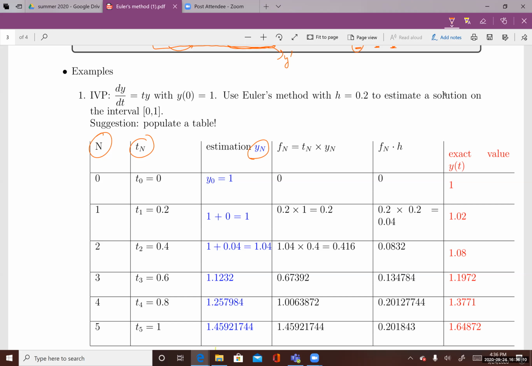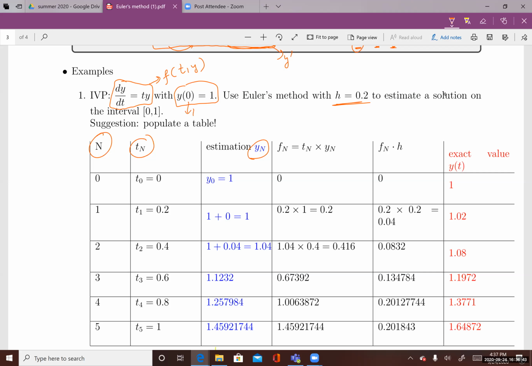Because our differential equation is t times y, the derivative is the function f of t and y. So in order to find the derivative for the equation of the line, we need to take t times y. And we want a step size of 0.2, and the initial value is y of 0 equals 1.